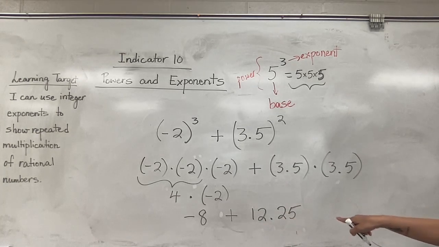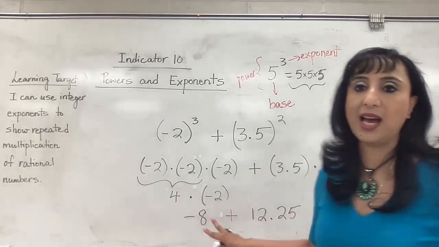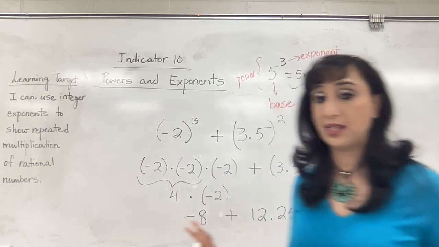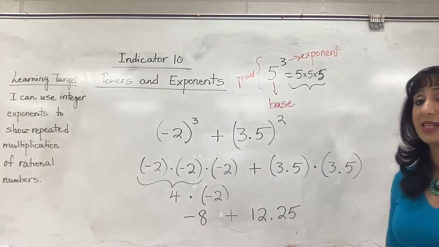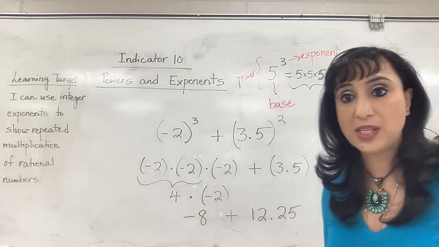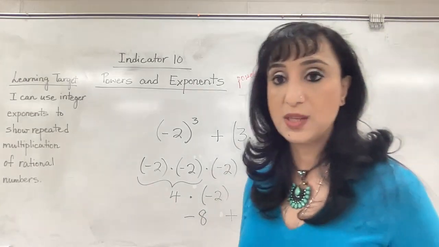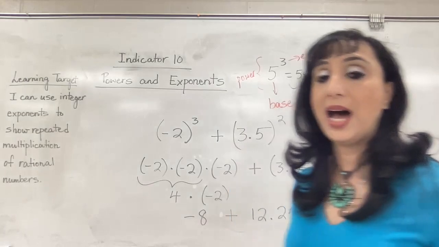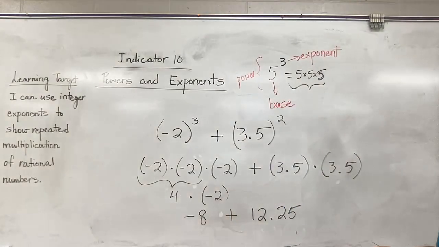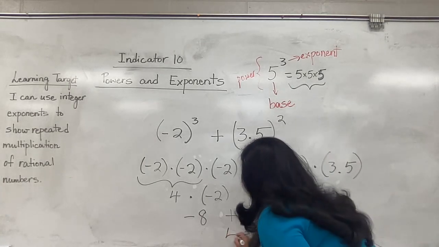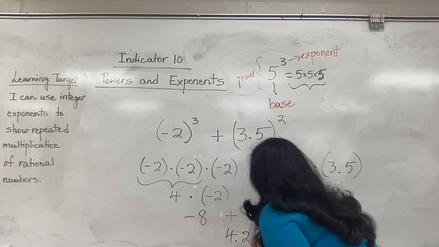Now we can see that these are opposite signs. We've done integer operations in the past lessons. So since they are opposite signs, I am going to take the absolute value of the bigger number and subtract the absolute value of the smaller number. So basically, I am subtracting 8 from 12 and 2500, and I'm going to get 4 and 2500.